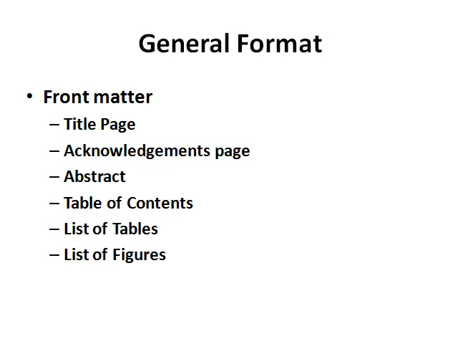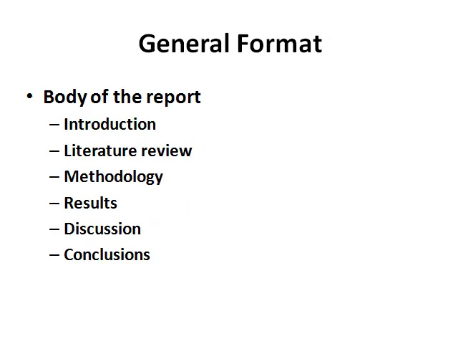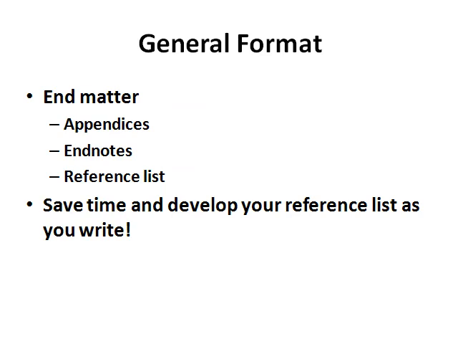The front matter is composed of title, acknowledgements, abstract, and table of contents or table of tables and figures. The body is composed of introduction, literature review, methodology, results, discussion, and conclusion. And the end matter is composed of appendices, endnotes, and reference list.